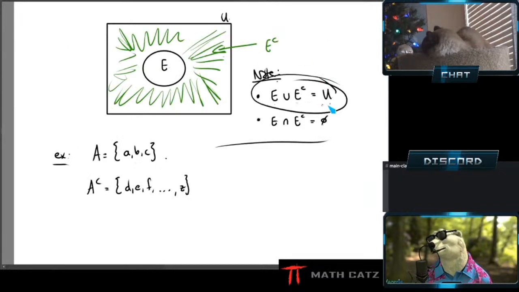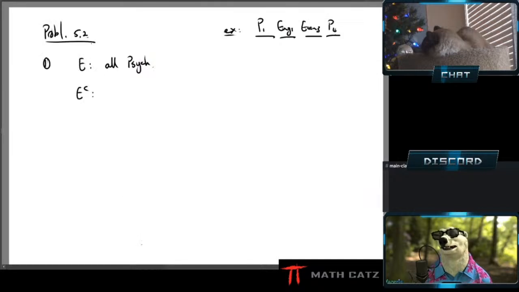It's in the universal set of all arrangements possible. Therefore, it has to be somewhere among the set and its complement, because together they make everything. Well, certainly it's not in E. It's not in E because it's not all psychology books. E is very restrictive.